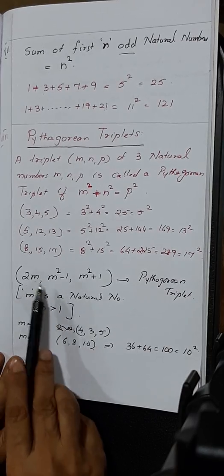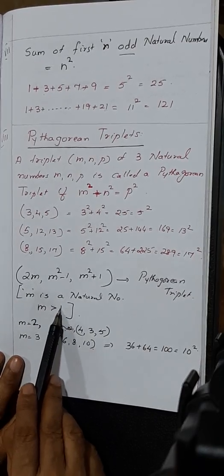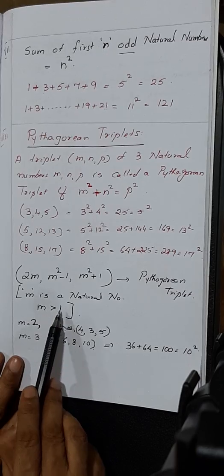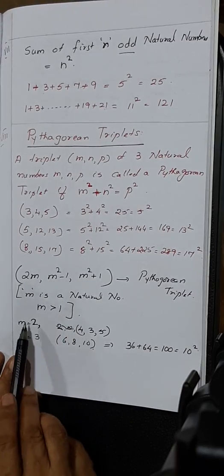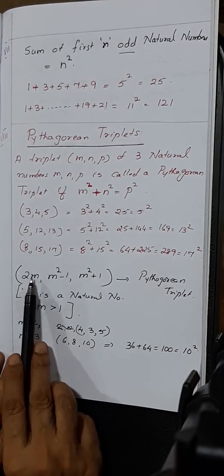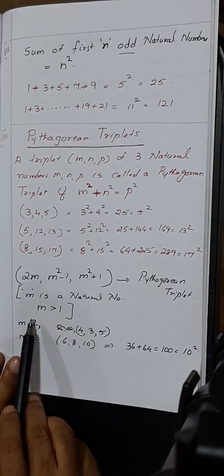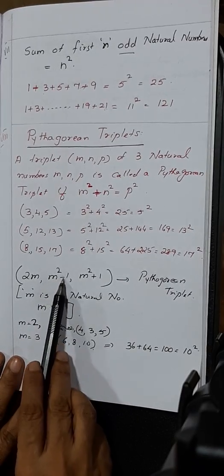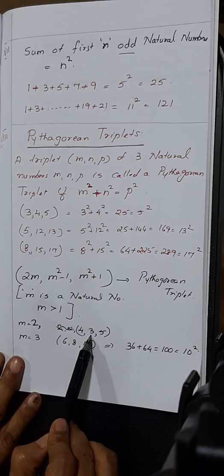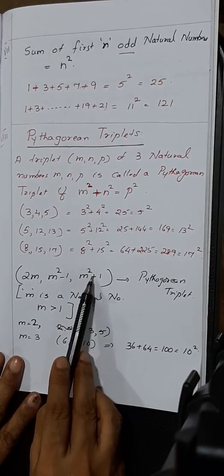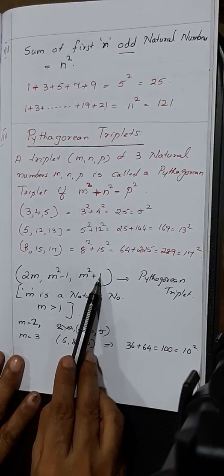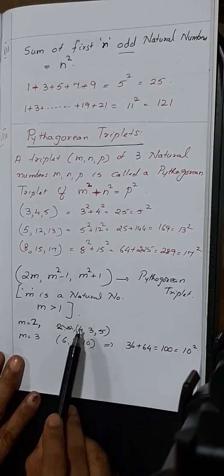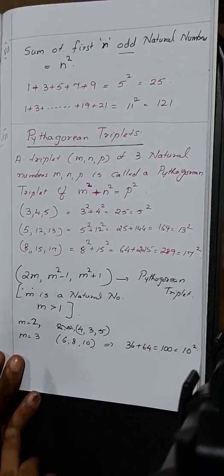You cannot put m equal to 1; it must be m greater than 1. So put m equal to 2: 2 into 2 is 4. Then m squared minus 1 is 2 squared minus 1, that is 4 minus 1, which is 3. And m squared plus 1, 2 squared plus 1, is 5. So 4, 3, 5 is a Pythagorean triplet.